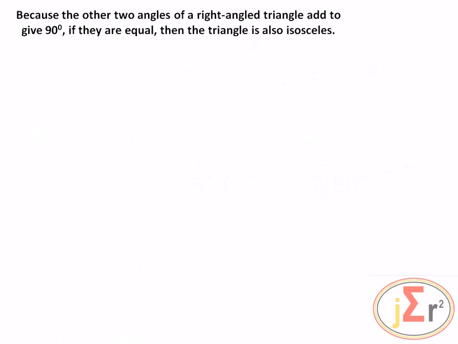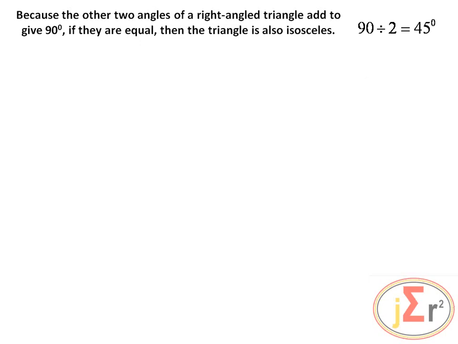Because the other two angles of a right angled triangle add to give 90 degrees, if they are equal, then the triangle is also isosceles. So if one angle is 90 degrees and the other two angles are equal, then we are going to have two equal sides. So two equal angles will mean two equal sides, and we have an isosceles triangle.